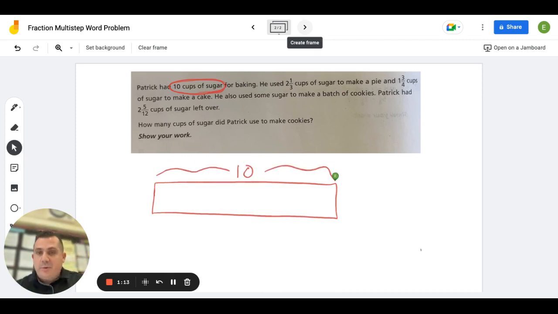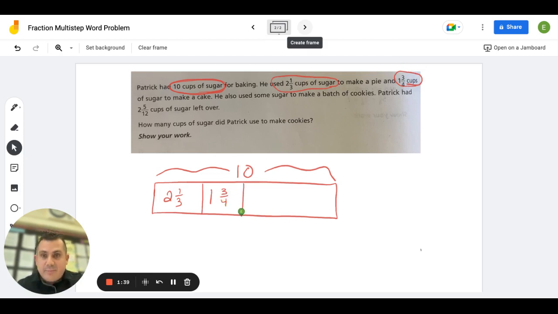The whole bar is going to represent the 10 cups. He used 2 1/3 cups to make a pie, so I'm just going to split that and say 2 1/3 cups to make a pie. And 1 3/4 cups of sugar to make a cake.